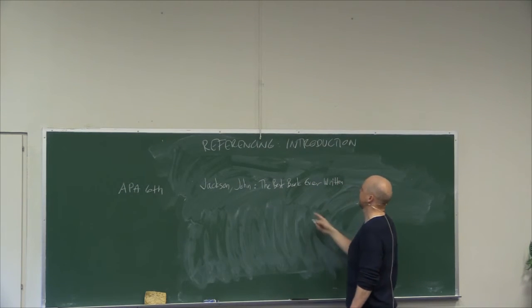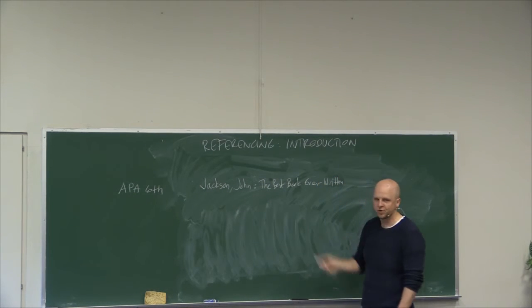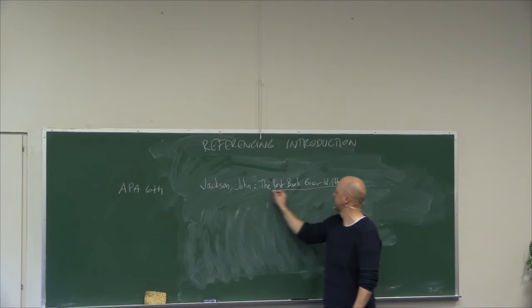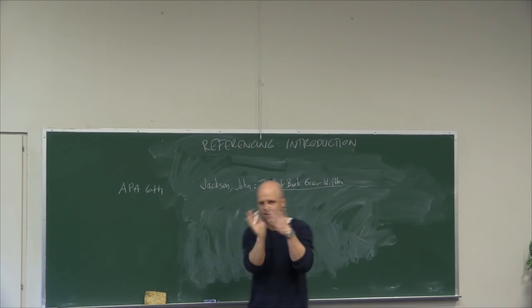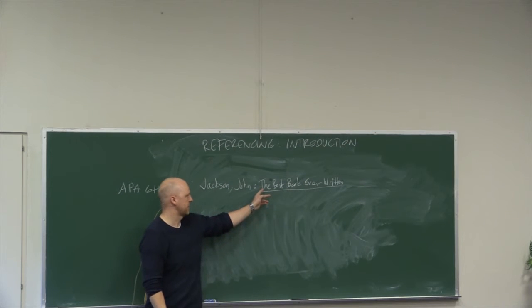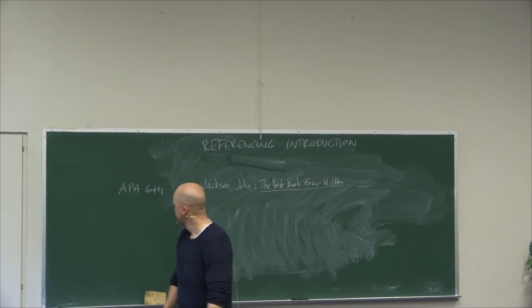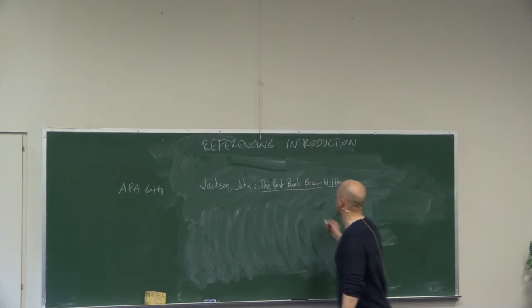Because he has good confidence, this self-confidence, John Jackson. And book titles should be in italics. So the letters in italics. That's for book titles, and for journals, that's always put in italics. While articles are not in italics.